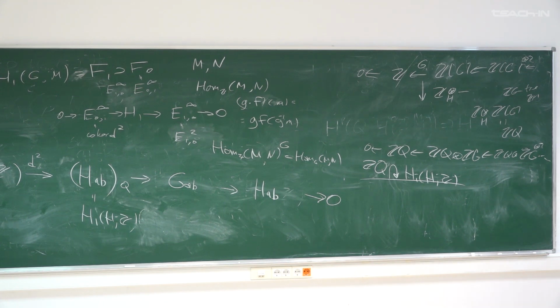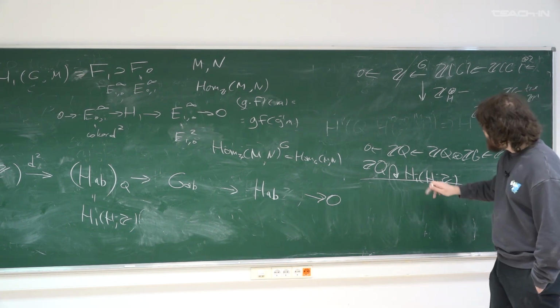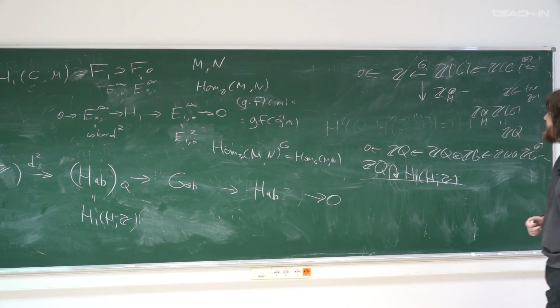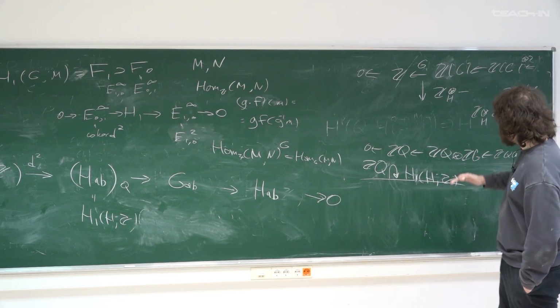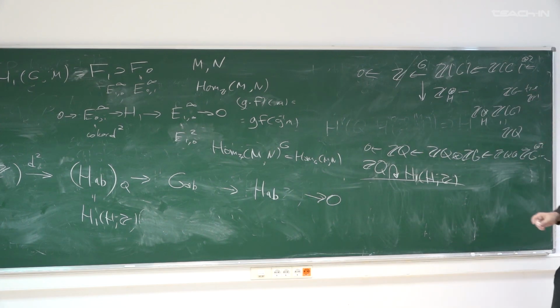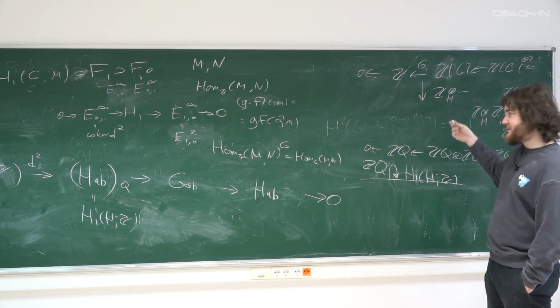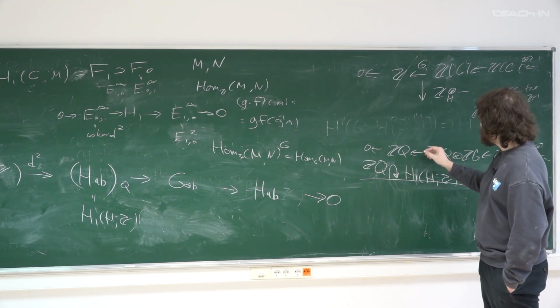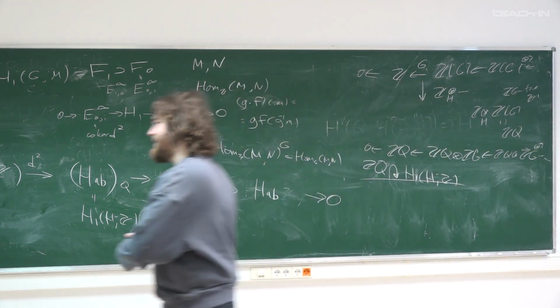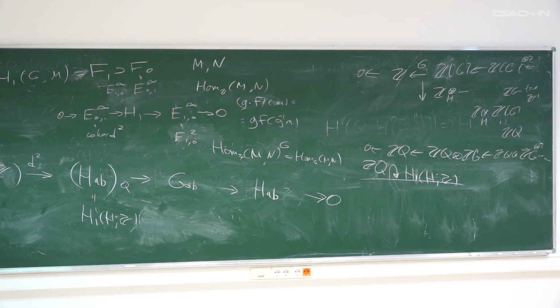So I want to understand what the module structure on the first homologies is. The first homology is just this kernel of this map modulo this map. These are just resolution maps, bar resolution maps. Here maybe I need exactly the bar resolution, because in the bar resolution I know all differentials explicitly.